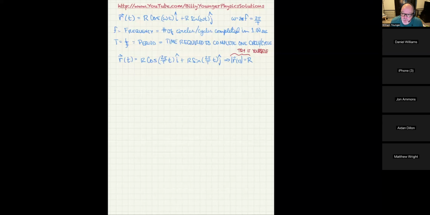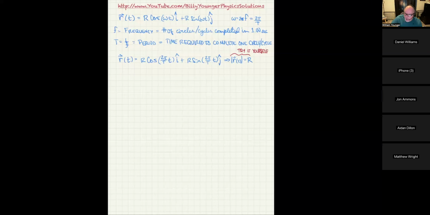And then if you go to t equals capital T over 2, you're going to find again a vector of length r, but this time it's lying to the left and points to x equals negative r. And then if you do t equals 3/4 of capital T, you'll get that it's r units long again, but this time it's pointing down along the negative y-axis, a distance r.